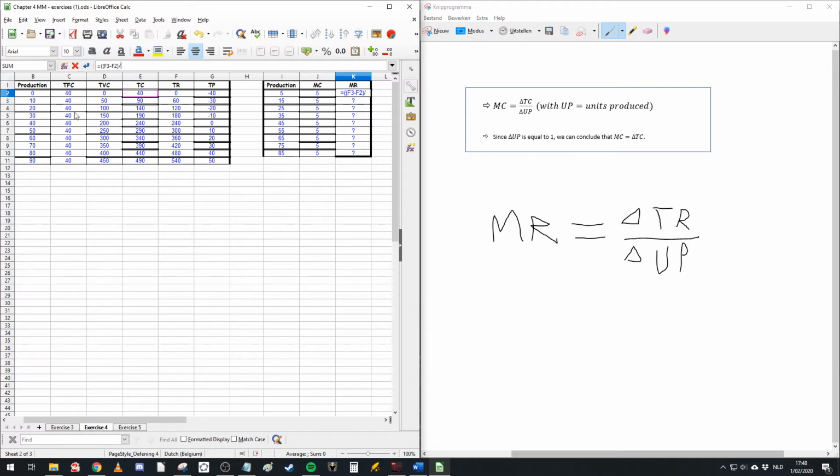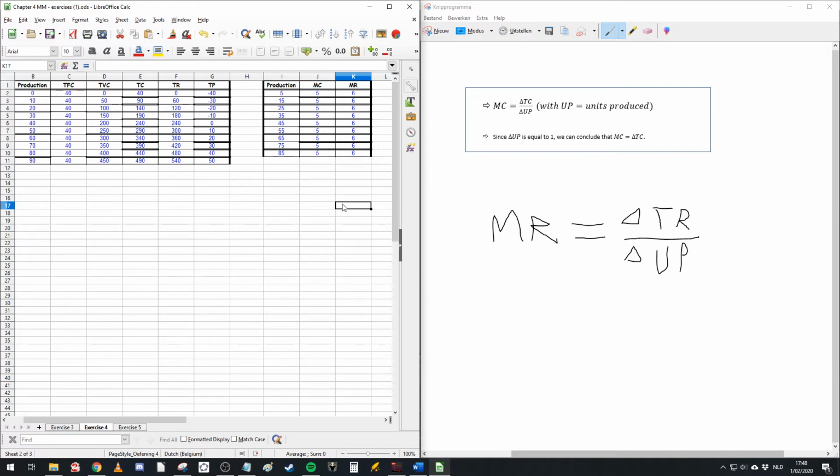Divided by, once again, change in production, and I forgot my bracket. So like that. And then we do minus, then we go to the 0 over here, we close them off like that. We get 6. That is correct, by the way, because I know the answers by heart. And there we have it. When we drag it down, we get 6.